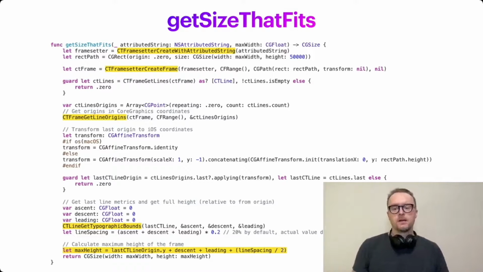As we have this laid out text and we have the width, I said that there's a size that the typesetter takes into account to calculate the bounds, and so the common task is to actually get a size that will fit a given text, and there are a lot of questions about how to do that.